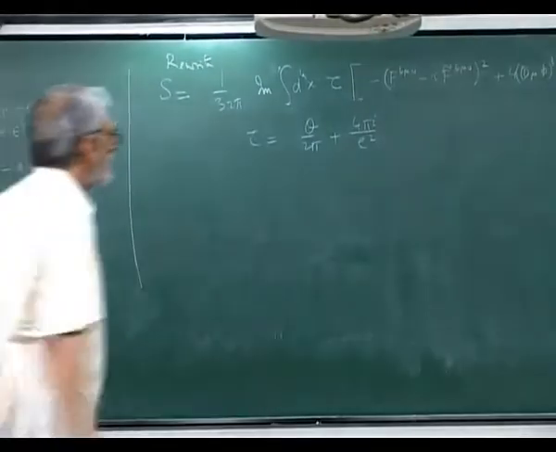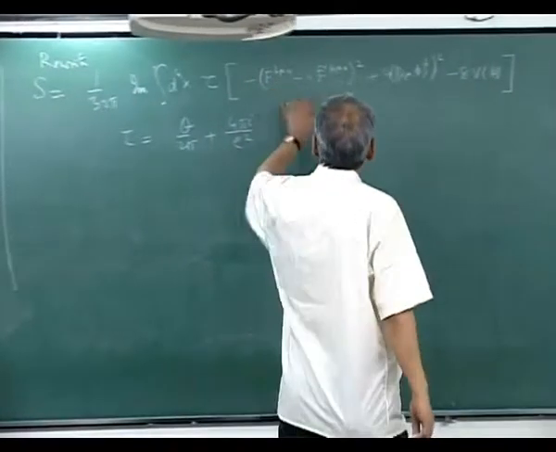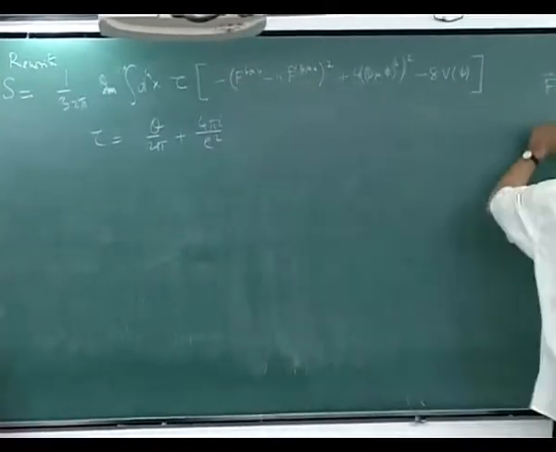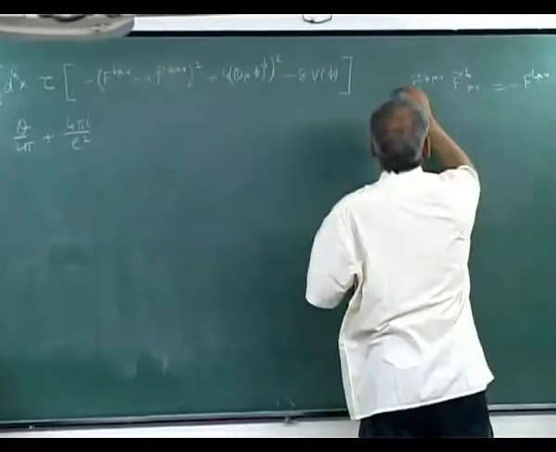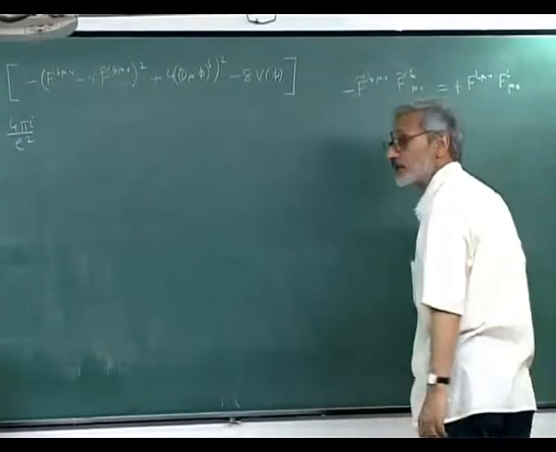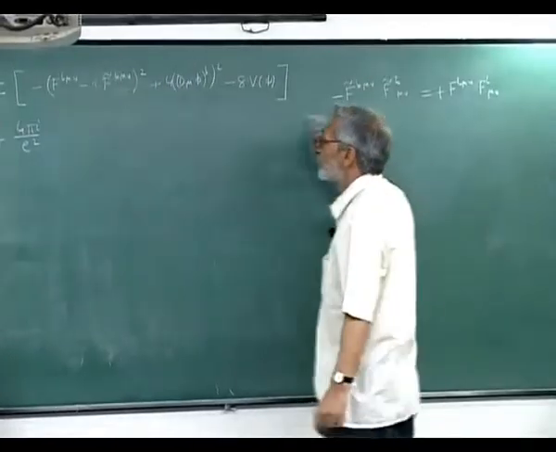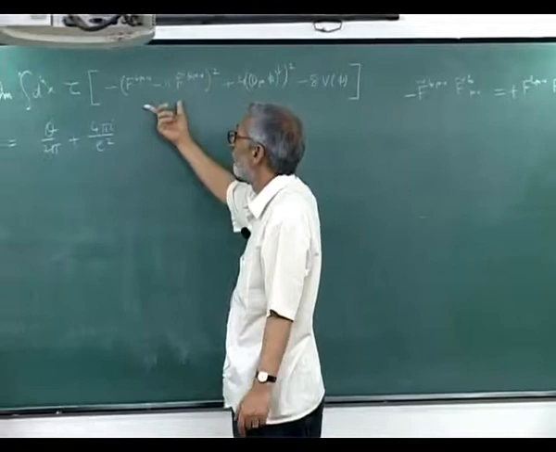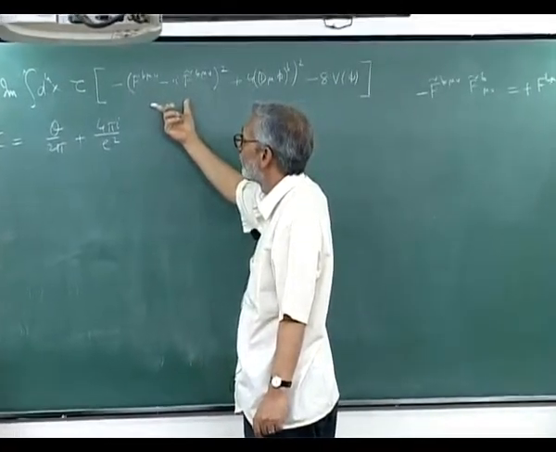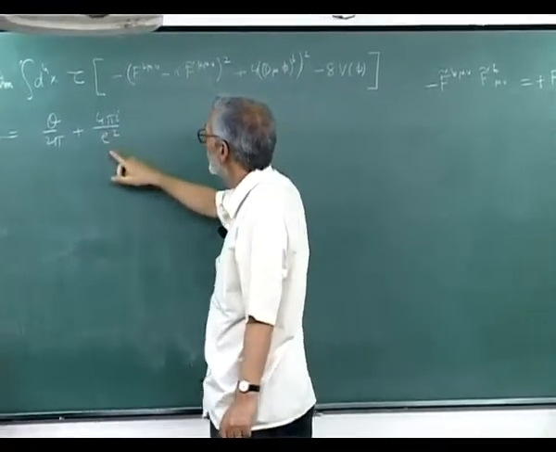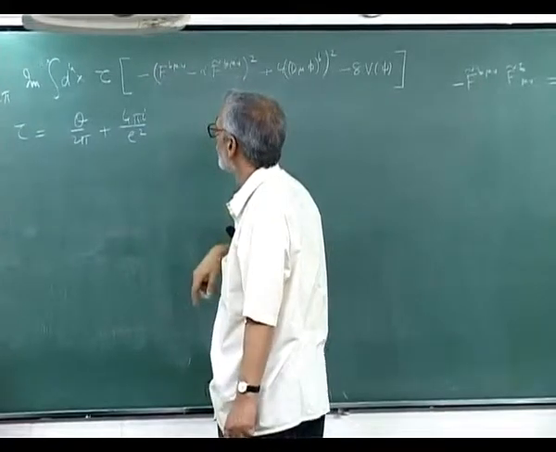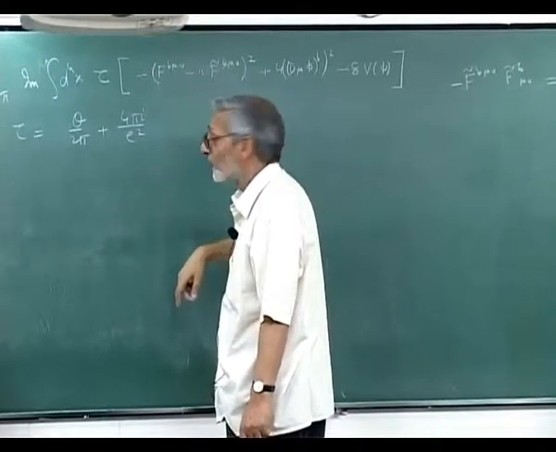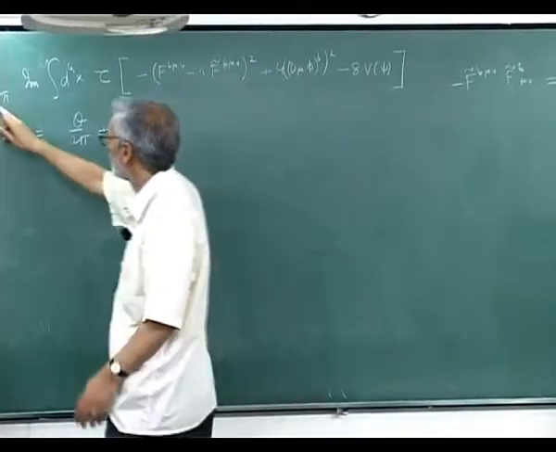So what it means is that the F square term and this square term are the same, because this is a minus that object, so this is plus. So I have twice the F square term multiplied by this object, multiplied by 1 by 32 pi.